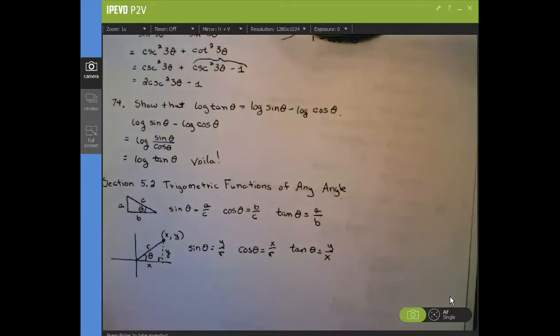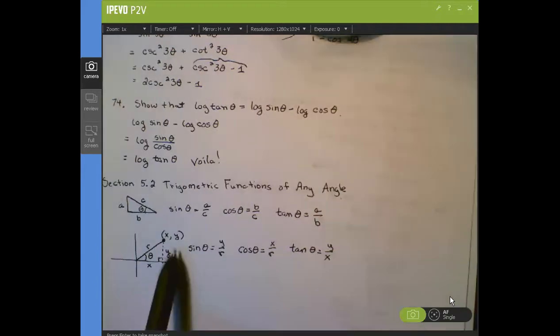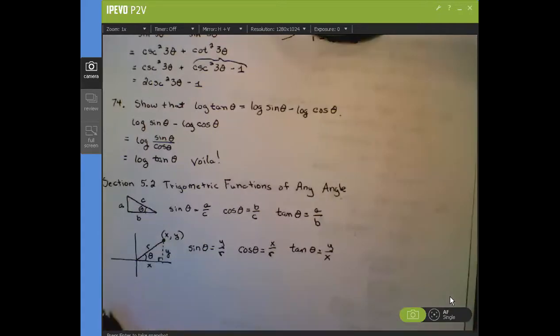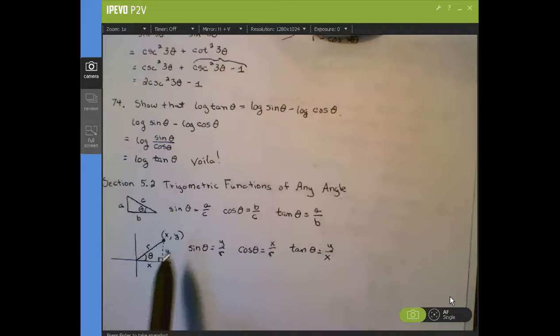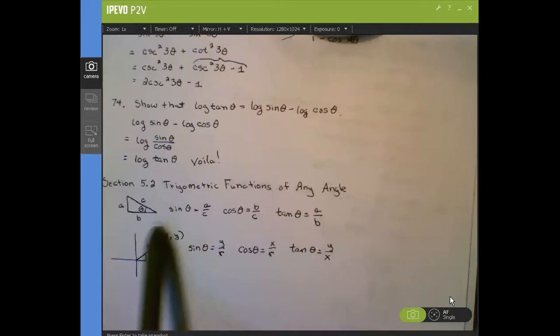We now have them defined as functions of a point in the Cartesian coordinate system.